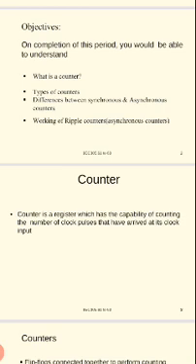In counters, there are two types generally, that is synchronous counter and asynchronous counter. They are the types.